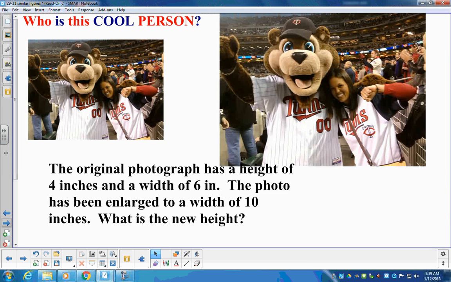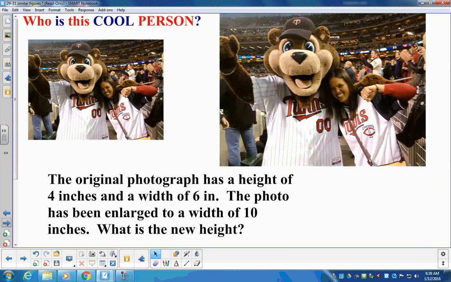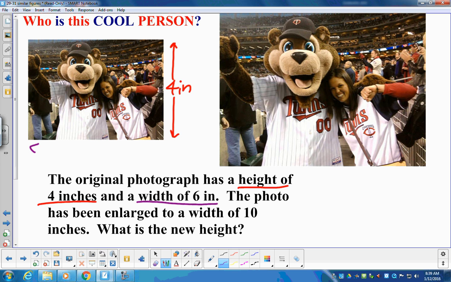We are going to take the original photo. Most photos when printed are 4x6 in size, like this is a 4x6 photo that you're kind of used to. I'm going to enlarge it. As I look at the original photo, it says that the height of the original photo is 4 inches. The width of the original photo is 6 inches.